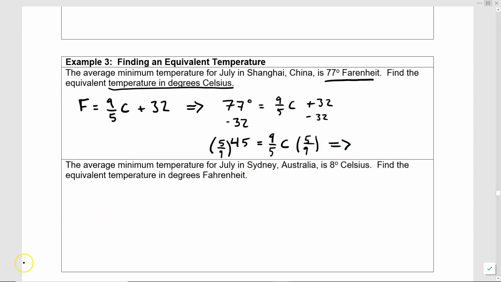And when we do this, we get 45 times 5, so C equals 225 divided by 9, which is equal to 25. So the equivalent temperature is 25 degrees.